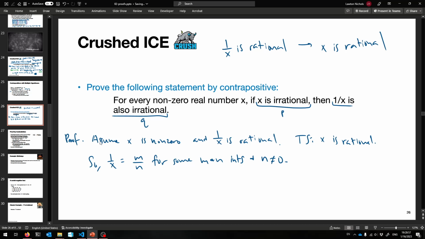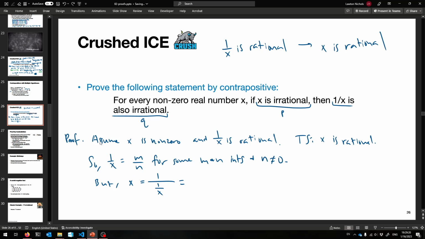And now we need to show that x is rational, so that x is a ratio of two numbers. So can you get x by doing this? What is x but 1 over 1 over x? It's just the reciprocal of 1 over x. But what is 1 over x but m over n?